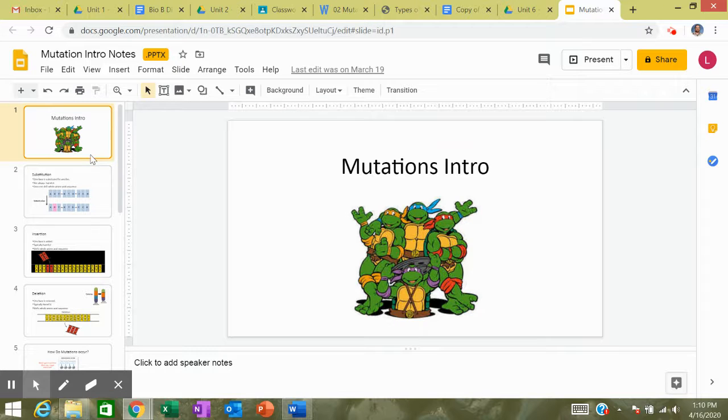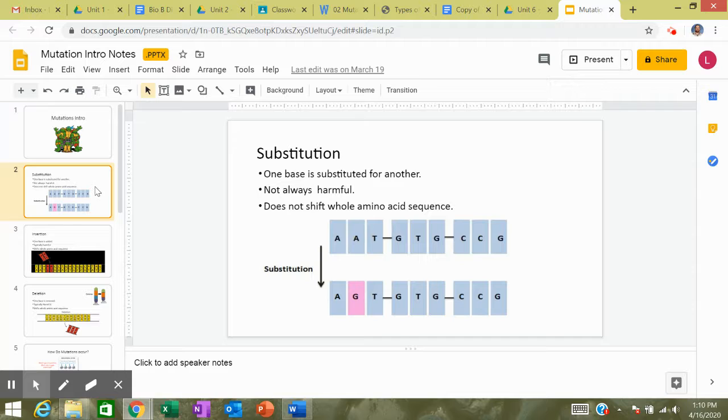Okay. So, mutations intro. The first one I'd like to talk about is substitution. This is exactly what it sounds like. It is just subbing one base for another base. If you look at our DNA sequence down here, we have AAT, but in our substitution mutation, we now have AGT. One thing to take notice of: this does not shift the whole amino acid sequence.